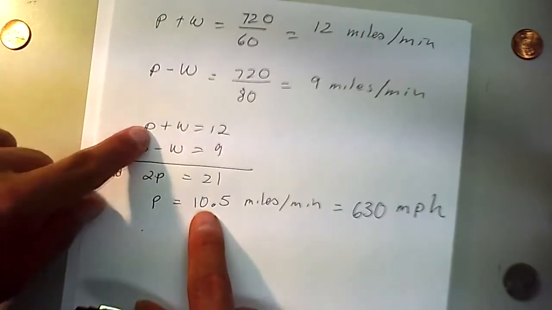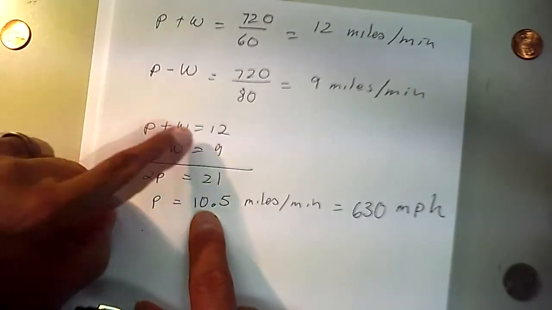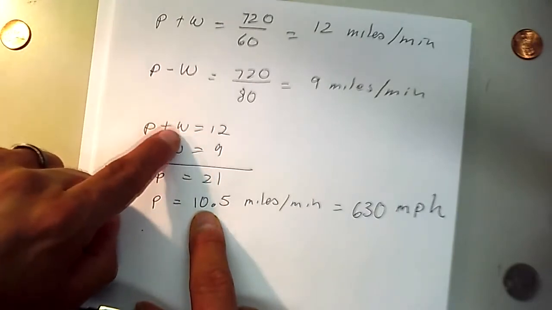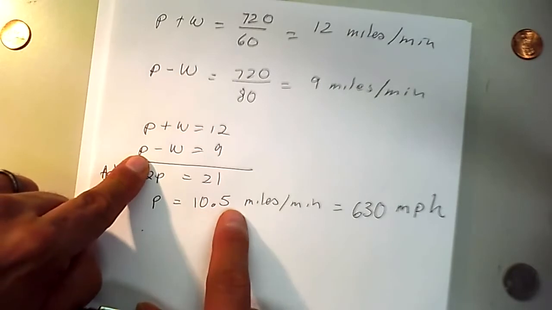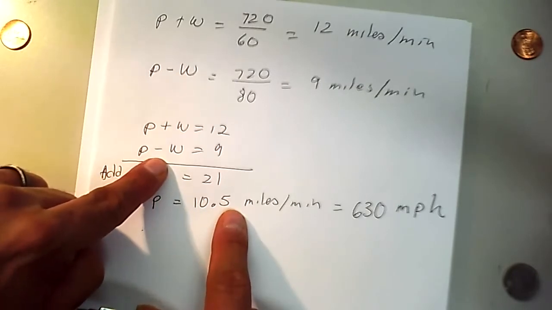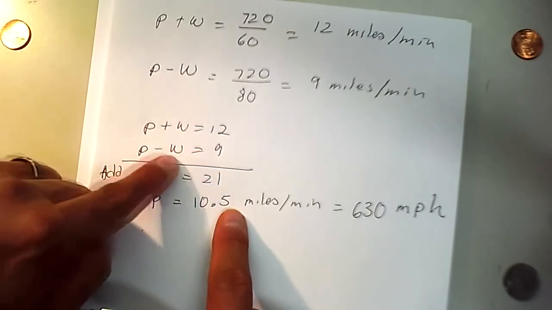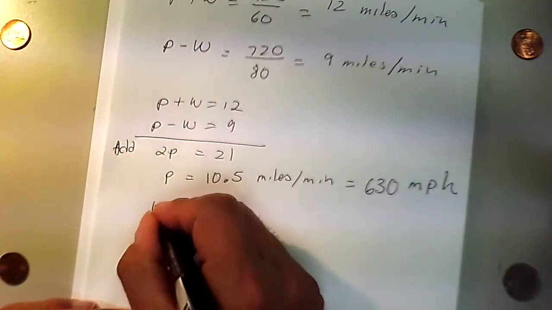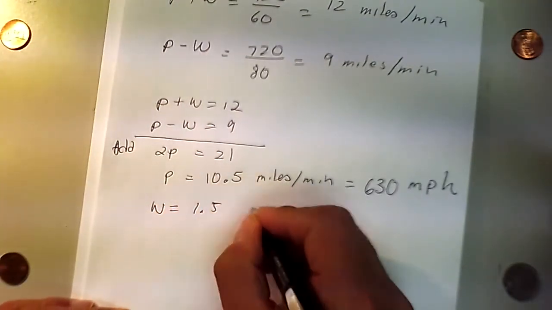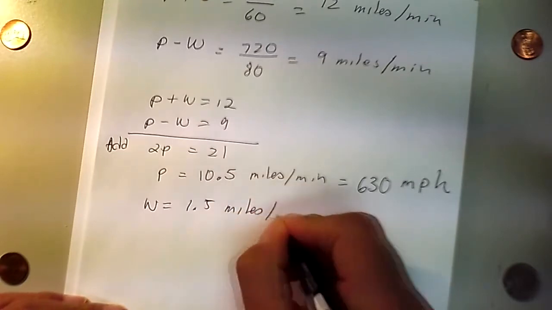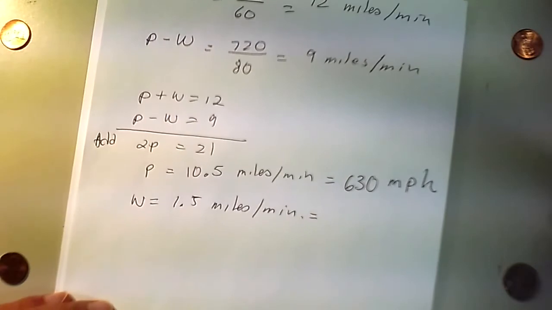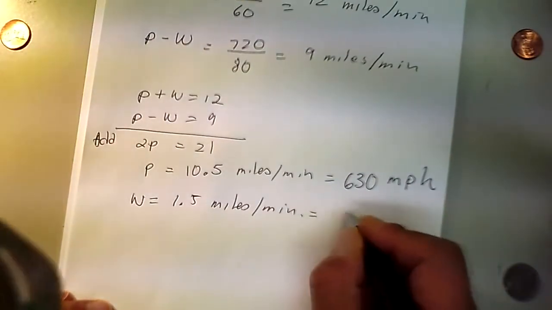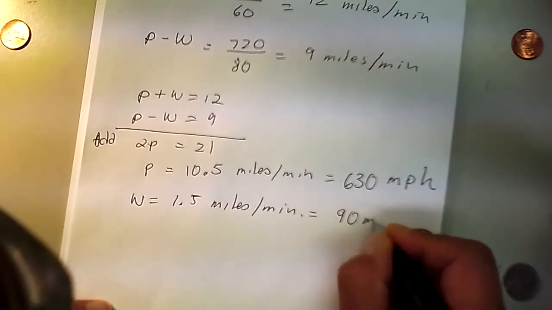That means that this has to be 1.5, and that is consistent with this. If P is 10.5, how much do we need to subtract to get down to 9? Well, 1.5 does the job. So the wind is 1.5 miles per minute, and now we need to multiply that by 60 minutes. Boy, that's a lot. That's 90 miles per hour.